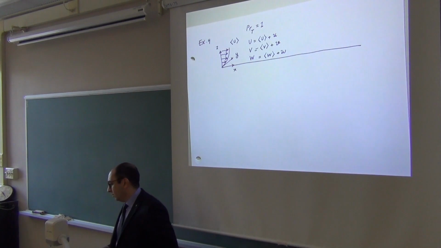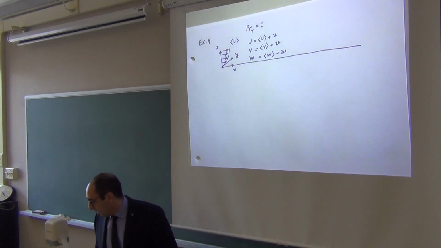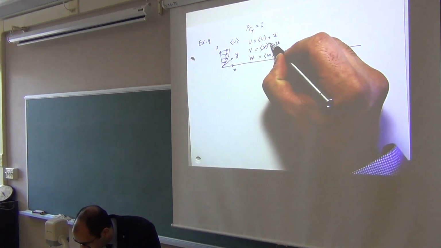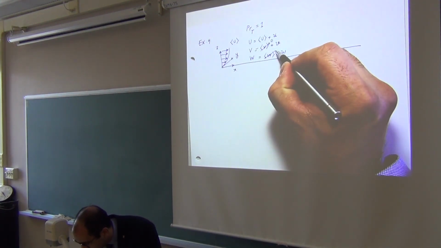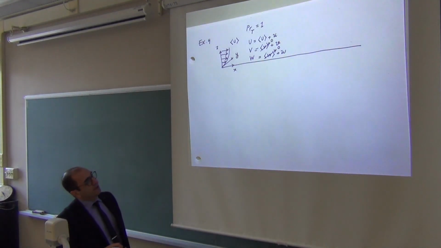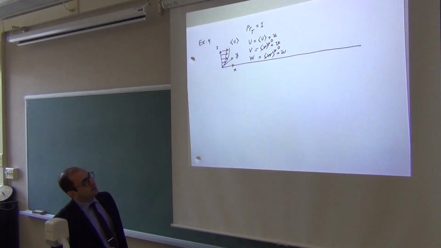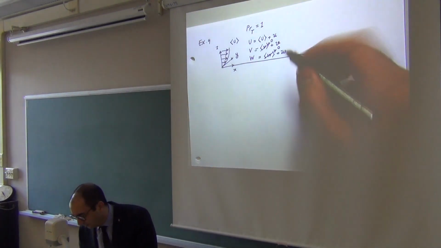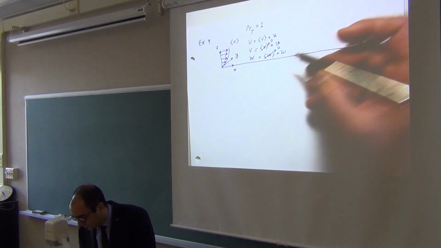I was already told that time average velocity in the y and z directions is 0. So this is 0, and that is 0. This by no means indicates that the velocity fluctuations must be 0, by no means. So little v and little w are fluctuating, they're not 0.